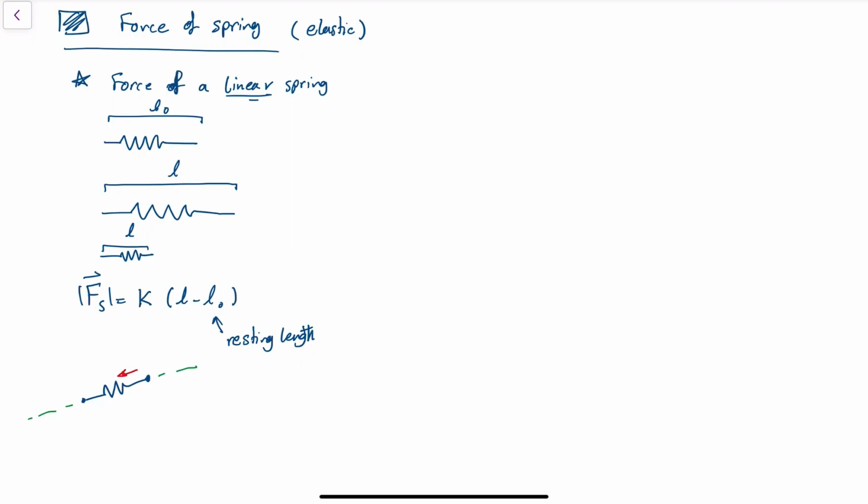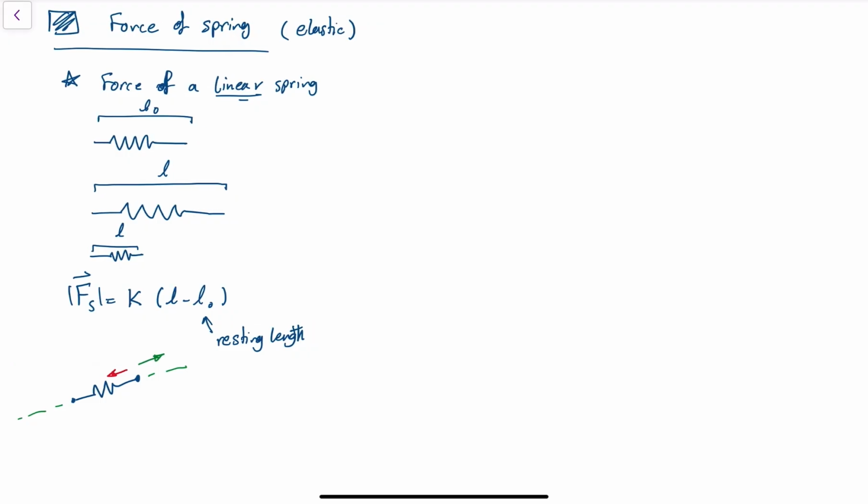And going back to Newton's third law, there's a force, the spring is pulling the system, and there is a force of the system pulling the spring. So these are two separate forces on two separate bodies.